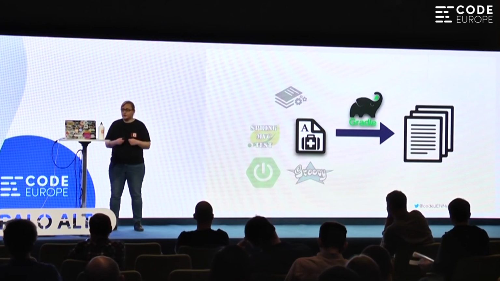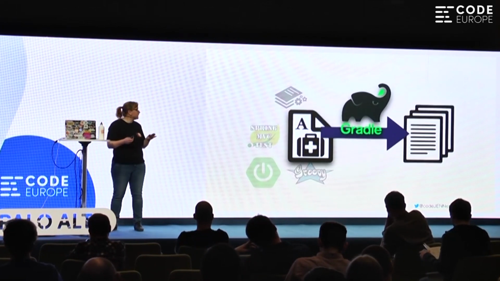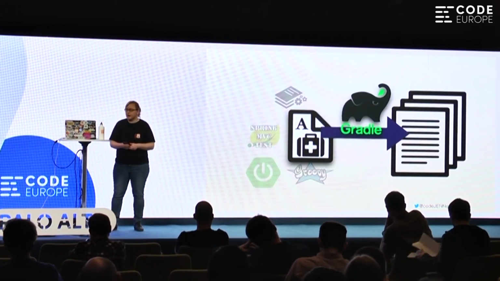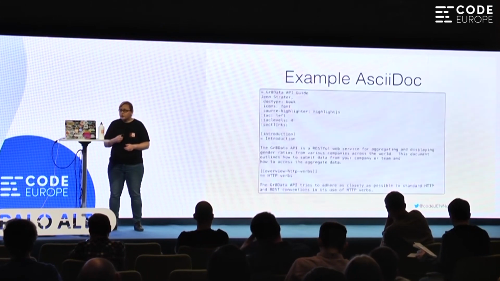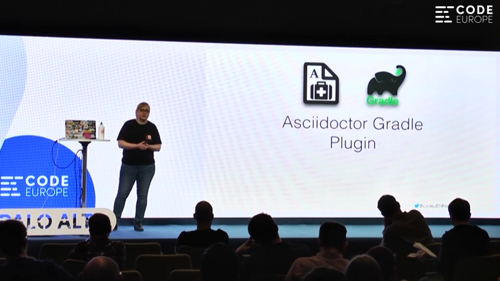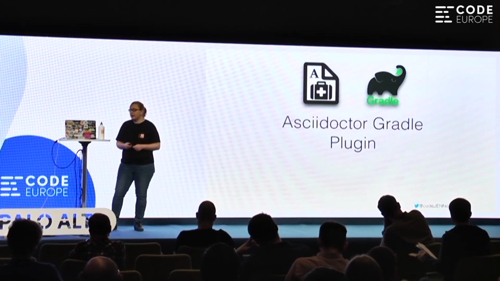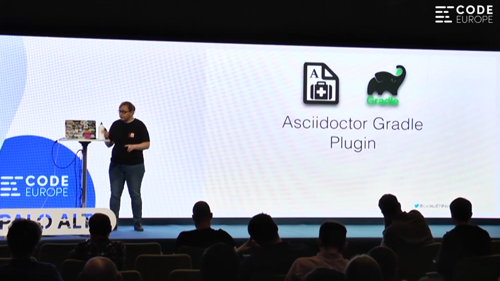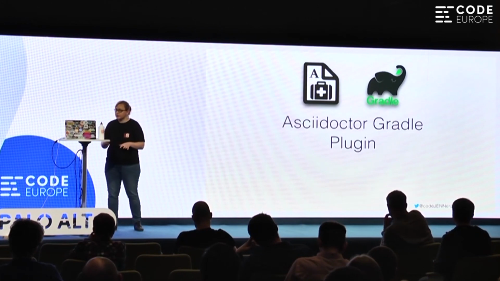We have an application. Now we can talk about how AsciiDoc kind of fits in with using Gradle to create the documentation. So you do this through a Gradle plugin called the AsciiDoctor Gradle plugin. And okay, so there wasn't any familiarity with AsciiDoc and AsciiDoctor.